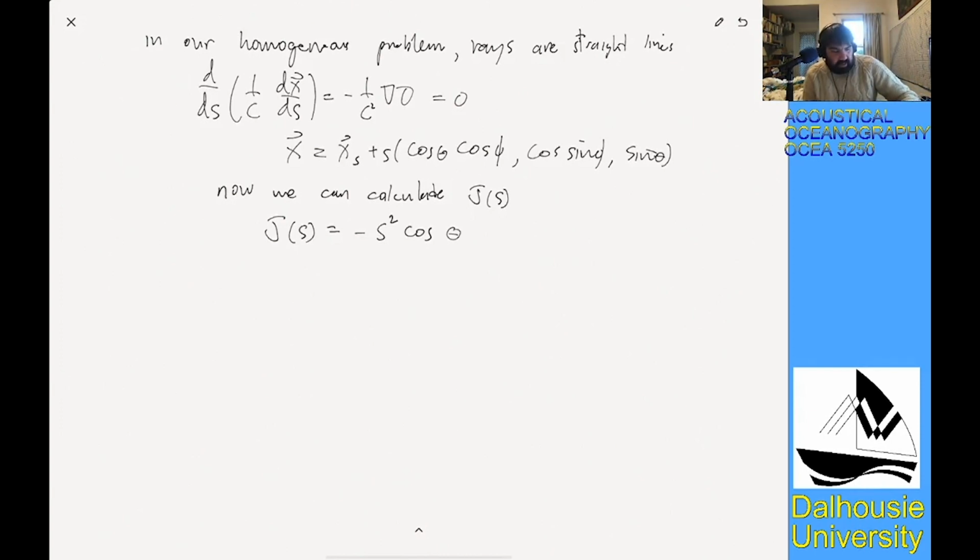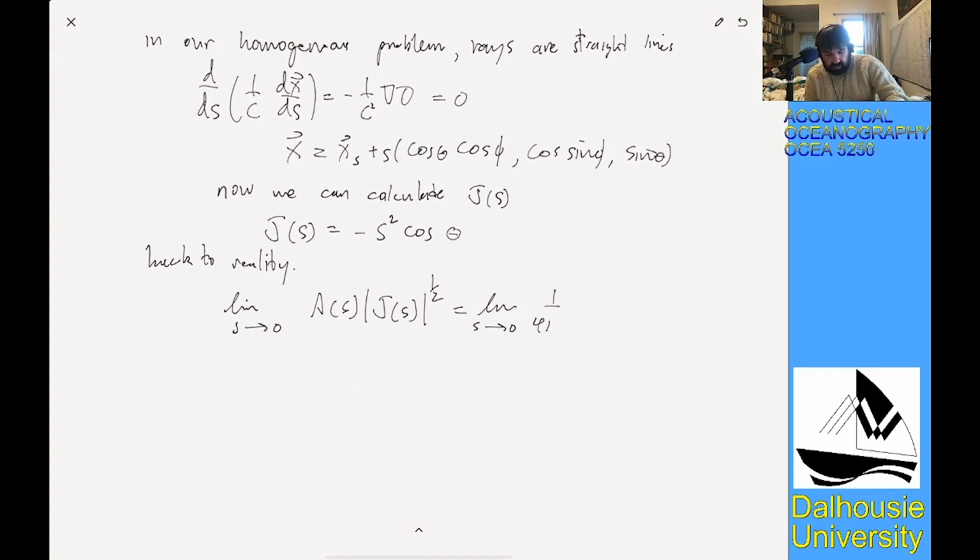So now let's go back to our original problem. Back to reality, the inhomogeneous problem, and just take this as our limiting case. So we're going to take the limit as s goes to 0, equals limit s goes to 0, 1 over 4 pi s squared times theta, the 1/2, and we end up with just square root of cosine theta over 4 pi.